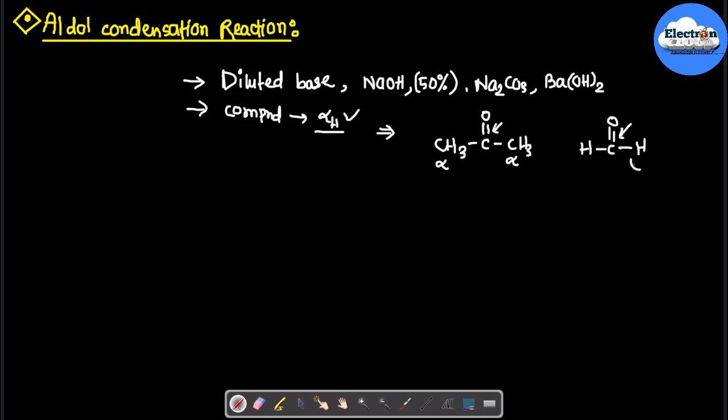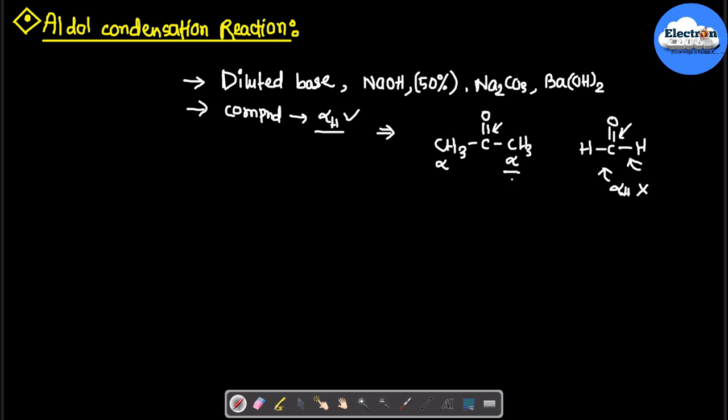But here you can see that no adjacent carbon atom is present, so the alpha carbon atom is absent. So alpha hydrogen is not present in this compound, while in the other compound the hydrogens attached to the alpha carbon are alpha hydrogens.